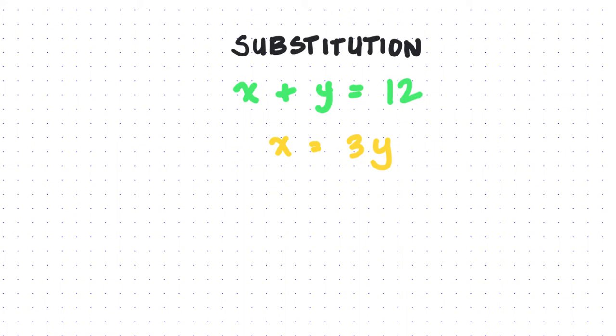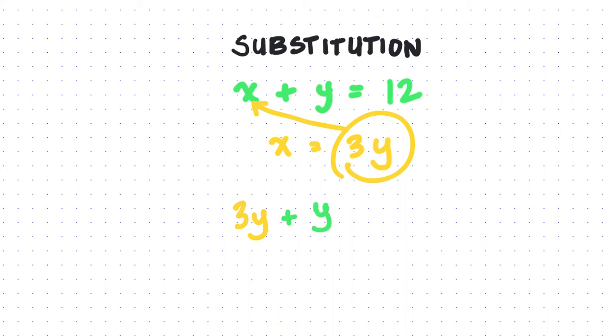Because I know that x is equal to 3y, I can take this 3y and replace it with the x in the previous equation, otherwise known as substituting. So what I'm going to do is that instead of saying x plus y, I'm going to say x is equal to 3y.